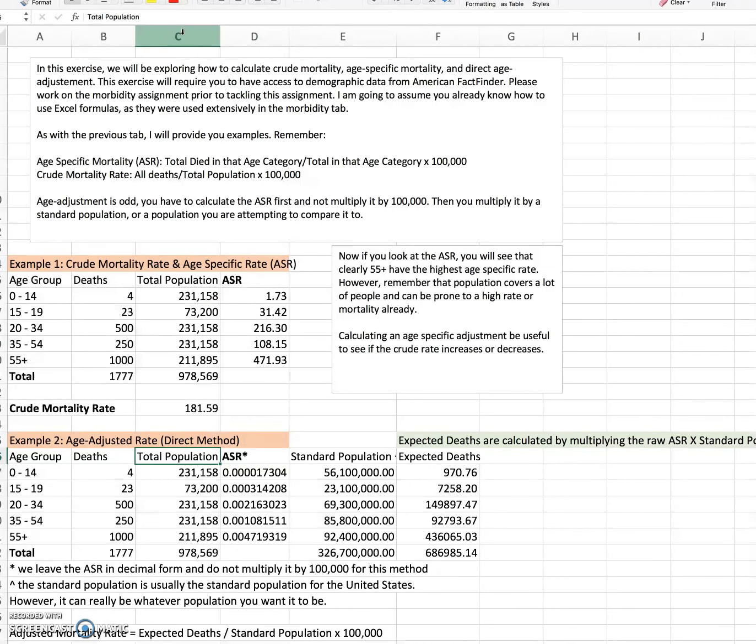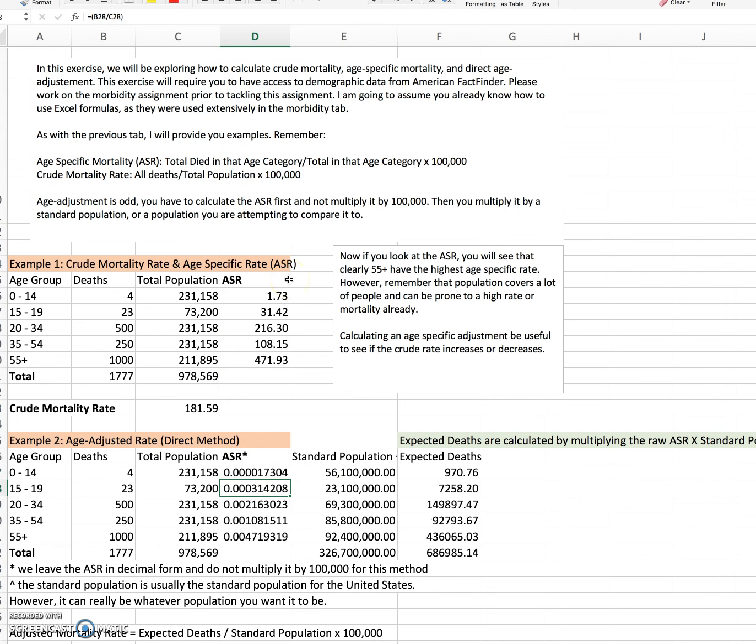However, when you're going down here to direct age adjustment, notice it's the exact same formula in that it is deaths in the numerator divided by the total population, but notice that we leave it in the decimal point. We do that because you are going to multiply it times the standard population to get our expected deaths.